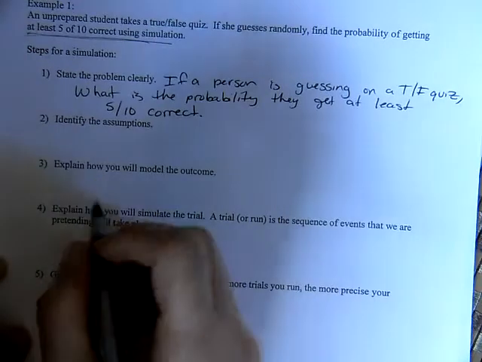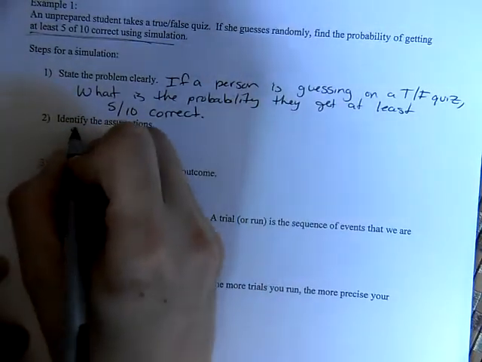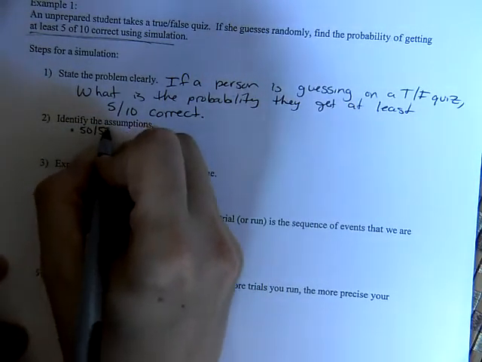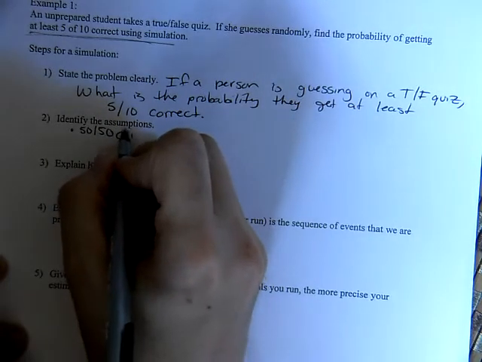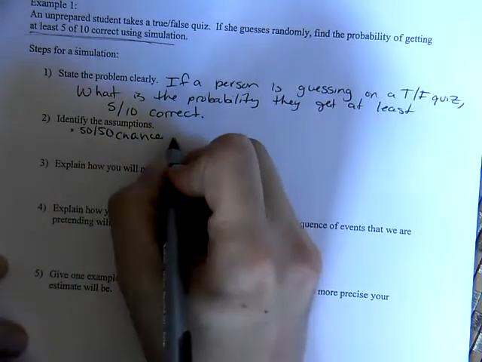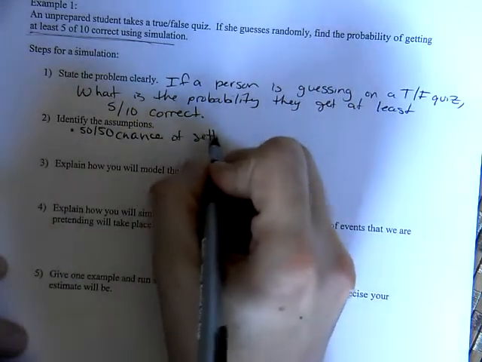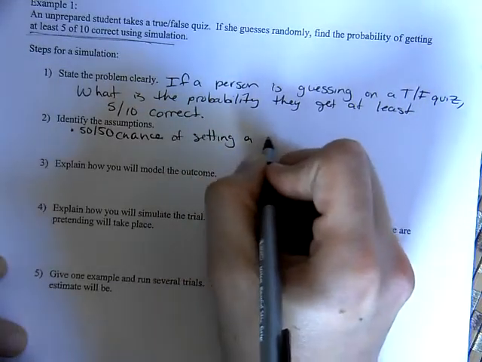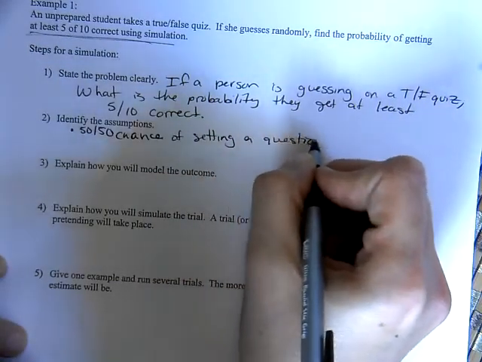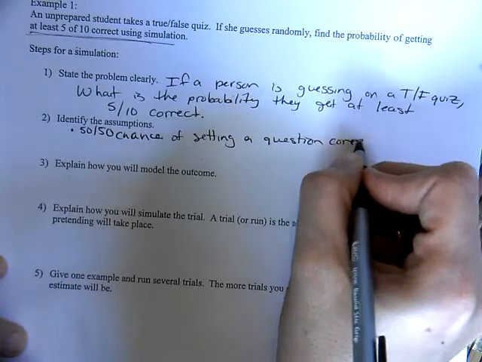So, identify your assumptions. So there's a few things we're going to assume. First of all, we're going to assume it's a 50-50 chance of getting a question correct.